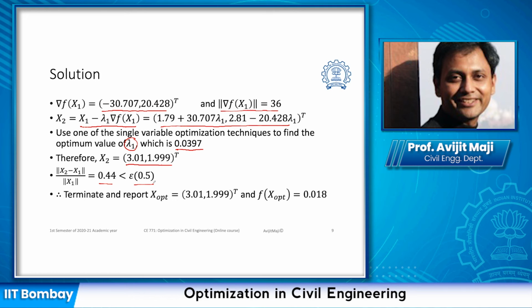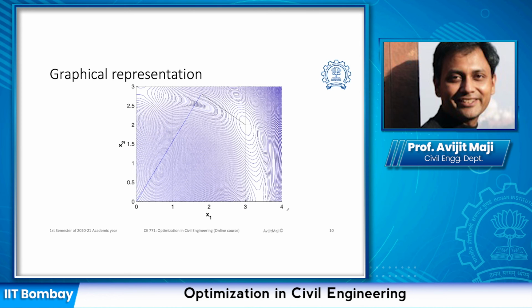So since it has met the termination criteria, we are terminating the algorithm and reporting the optimum point as 3.01, 1.99, and the optimum objective function value is going to be 0.018. Let us look into the graphical representation of the solution, how it followed through.